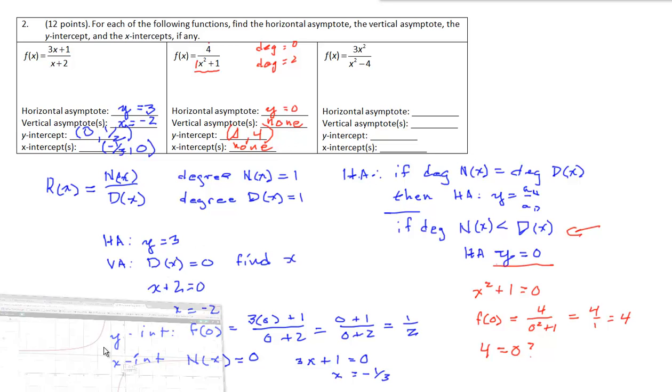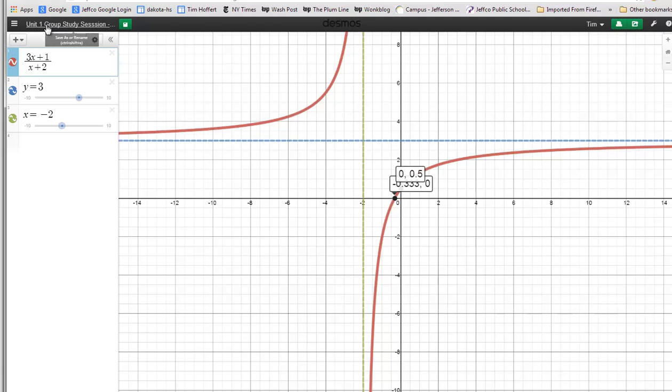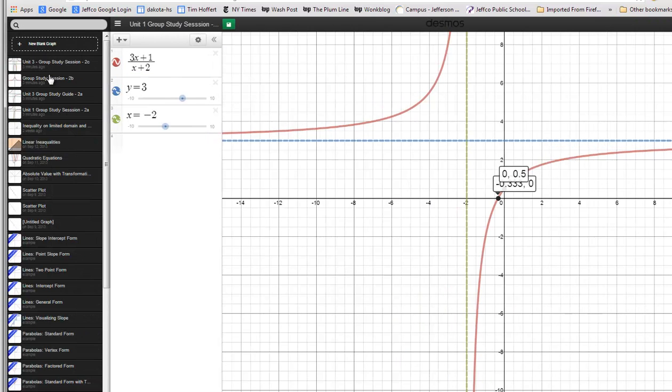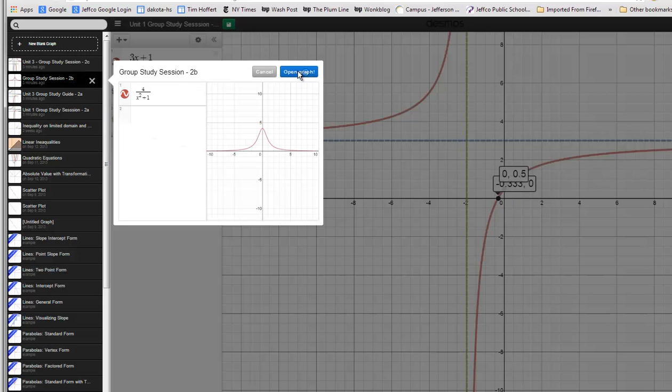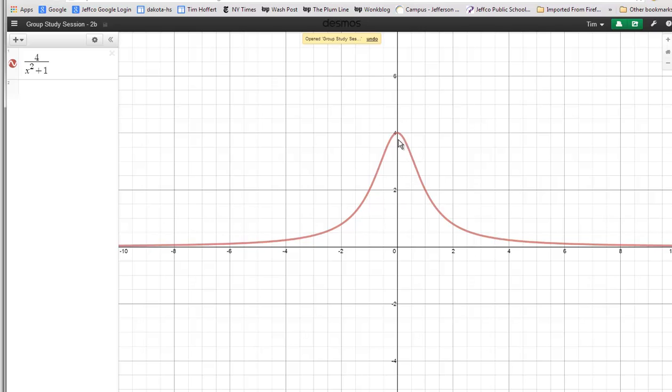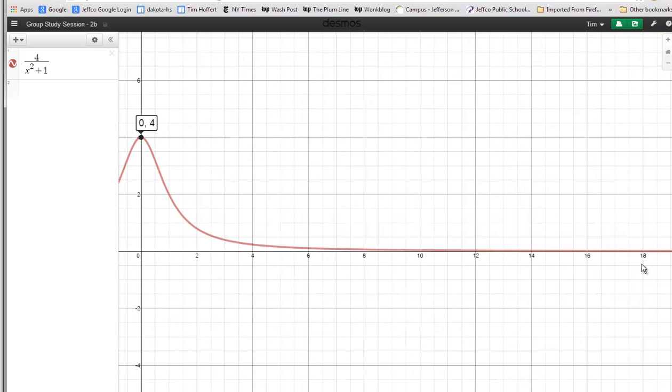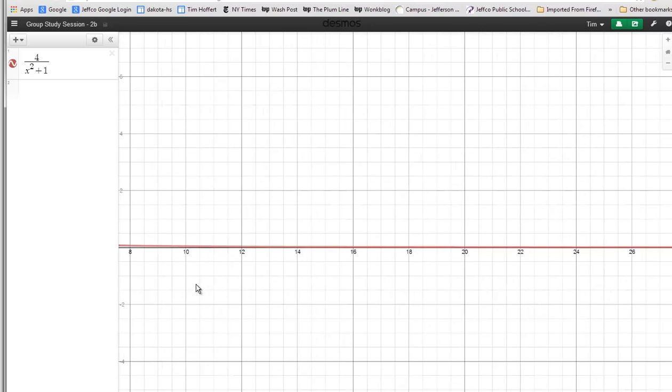Let's take a look at this graph. So this is what this looks like. You can see the y-intercept is 0, 4 for our function. There doesn't appear to be any vertical. In fact, there's no vertical asymptotes. There's no x-intercepts. If I keep coming out here, it approaches 0, but never crosses.